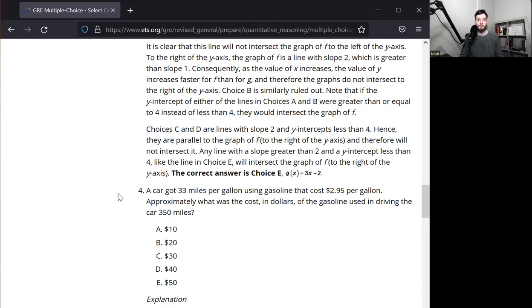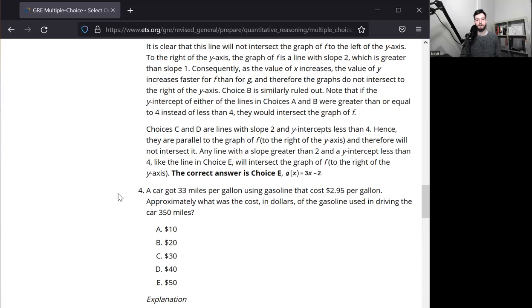The first question I would ask myself is, how many gallons am I going to use in this trip? How many gallons does it take to go 350 miles? If I need 1 gallon to go 33 miles, then I might just divide 350 by 33 to see how many gallons.